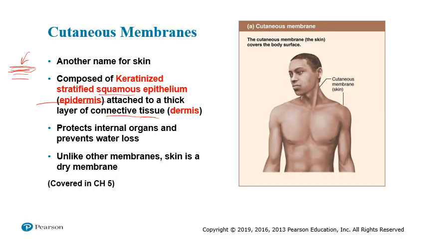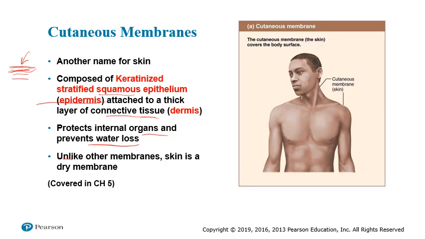What is the importance of cutaneous membranes? Well, basically, you want to protect whatever is inside of you, and you want to prevent water loss, and you want to keep boundaries, right? You don't want to lose what's inside of your body. So you want to keep it intact, keep boundaries. Now, look at this.